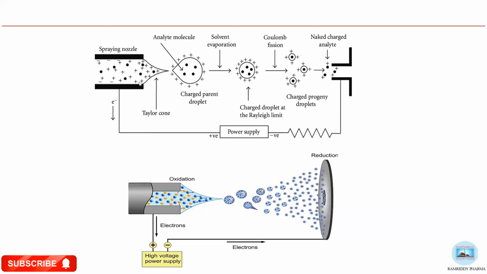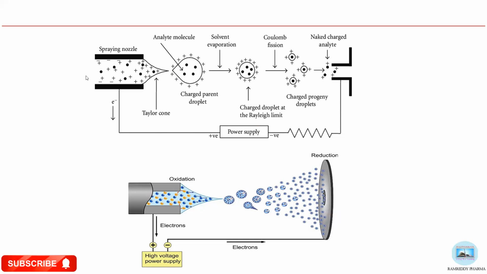At that time the liquid droplets are formed, and a charge will be present on the droplets. We call these charged parent droplets. In the droplet, your analyte molecule will be there, and around the droplet the charge will be generated.